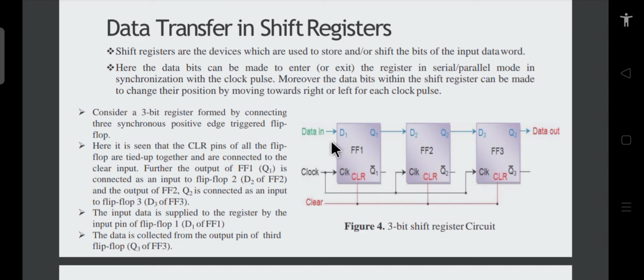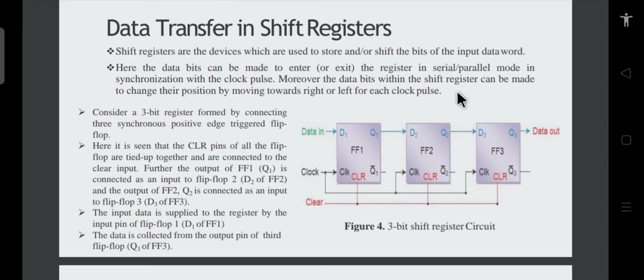Data in is connected to the first flip flop, whereas the output of the first flip flop becomes the input to the second flip flop, similarly the output of the second becomes the input of the third flip flop, and we take the output of the third flip flop. If we do this, then we call it a serial data transfer.